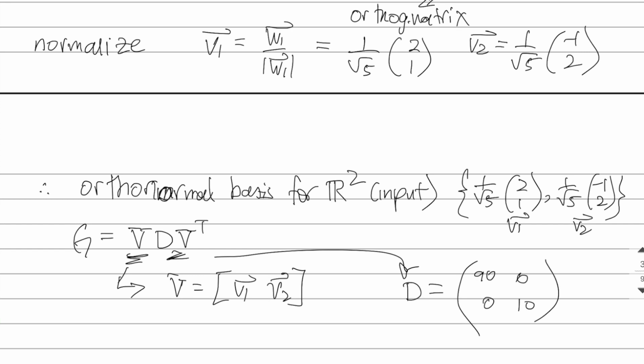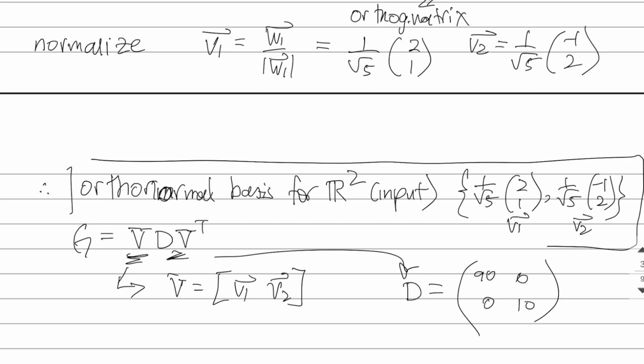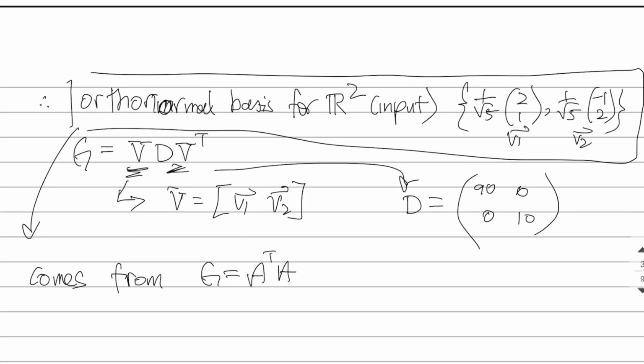By forming that special product A transpose A, we found an orthonormal basis for the input space. But you might say, well, I could have just found any orthonormal basis for the input space in any other way. Why did I have to do this? This matrix gives us something very special here.